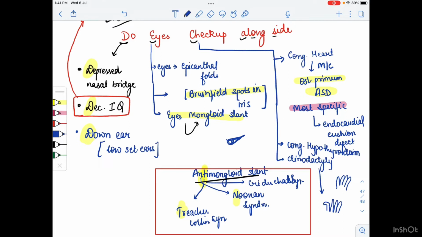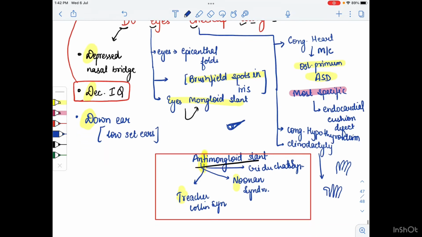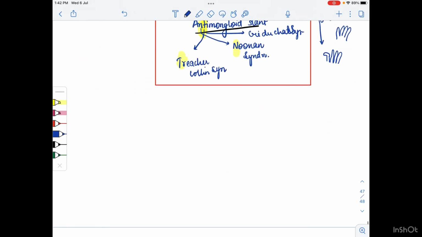Now the next letter, that is the letter A. So from the letter A we have again three conditions, and what were those three conditions? First one is atlantoaxial instability. There is instability between atlas and axis.